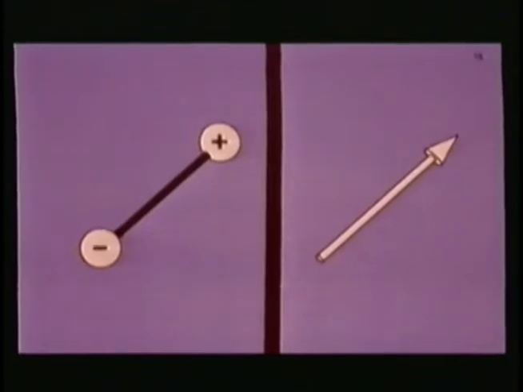Dipoles, therefore, can be represented by vectors, and dipoles with specific spatial orientation can be represented by spatial vectors. By convention, the arrowhead of a vector represents the positive pole of a dipole, and the length of a vector represents the magnitude of a dipole.